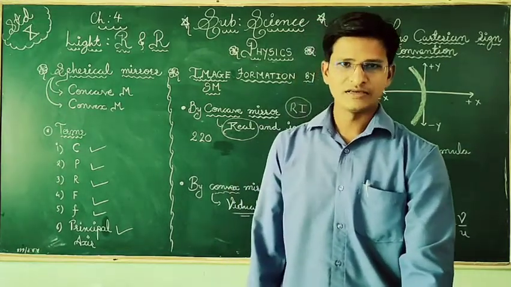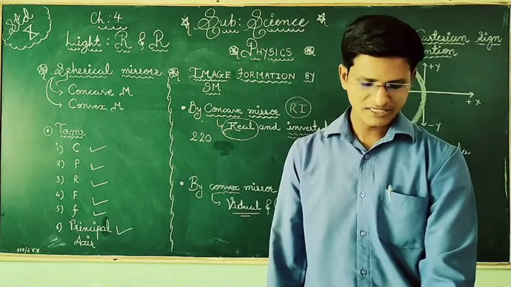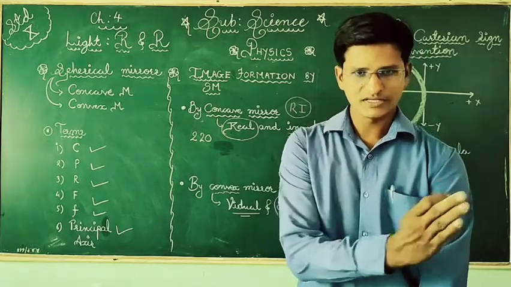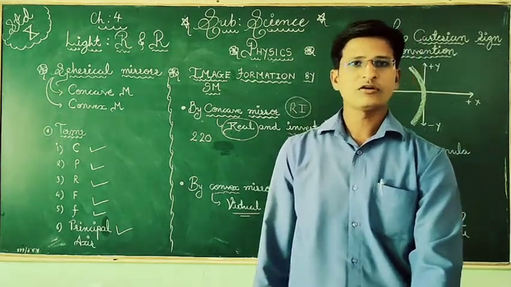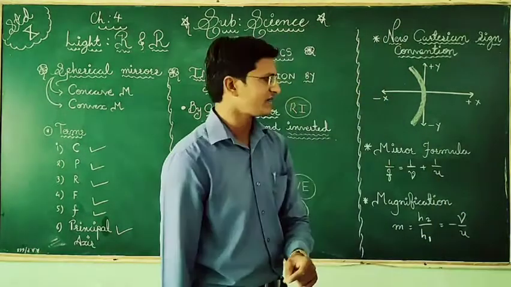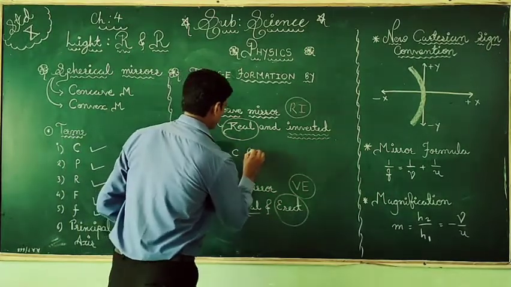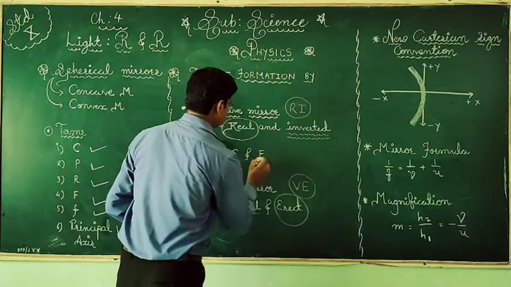Now, beyond C, means beyond the center of curvature, the position of the image is between C and F. C is the center of curvature and F is the principal focus.